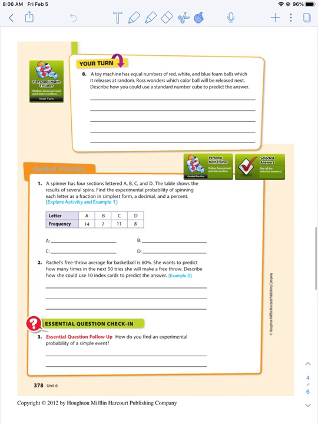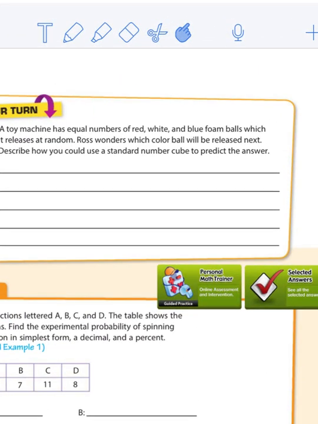So with the toy machine, it has equal chances of being red, white, and blue. That means that theoretically, so not experimentally, a third of the balls are red, a third of the balls are white, and a third of the balls are blue. So we would want to simulate something that has similar probabilities.